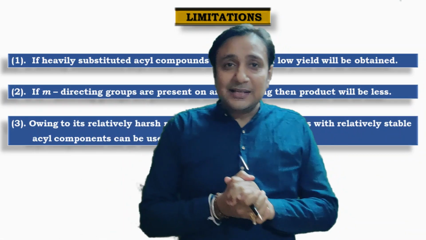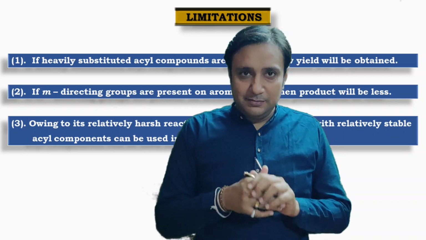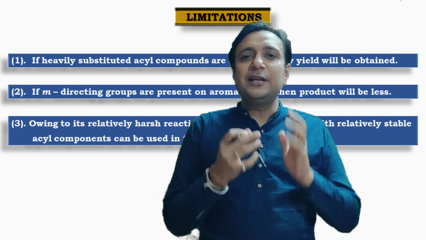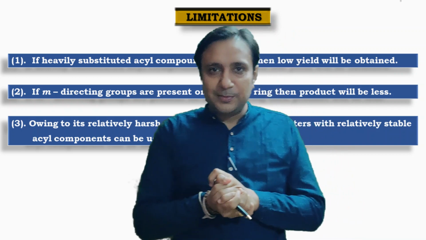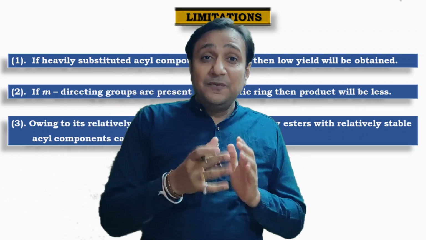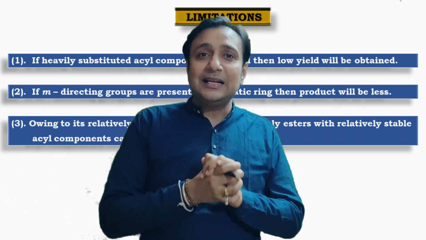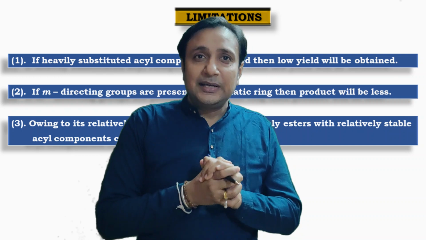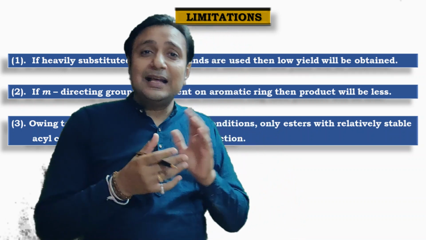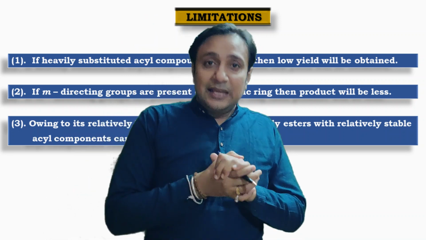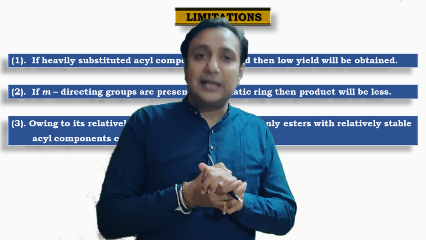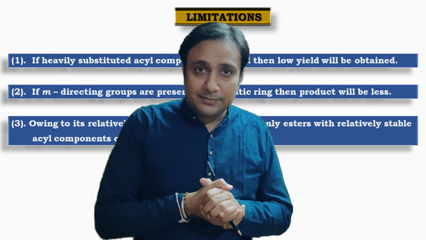Now we are on the last segment of the rearrangement, that is the limitations. What are the limitations of Fries rearrangement? The first limitation is that if heavily substituted acyl components are used, then the product will be less. The second limitation is that if meta-directing functional groups are present on the aromatic ring, then also the product will be less.